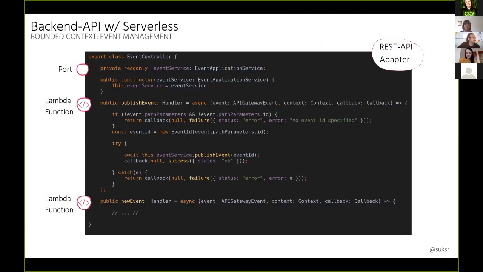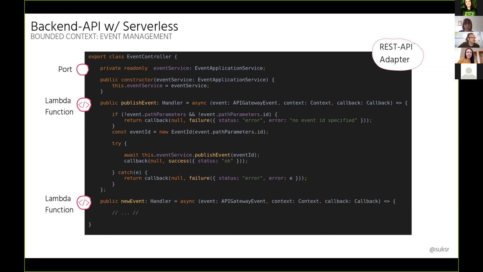This is example source code written in TypeScript that is implementing several Lambda functions. I would like to focus on the Lambda function for publishing an event. What the event controller does is implement the AWS function interface and take the request, in this case an API Gateway event, parse it and check whether it's syntactically correct, for example, if it carries the event ID as its path parameter.